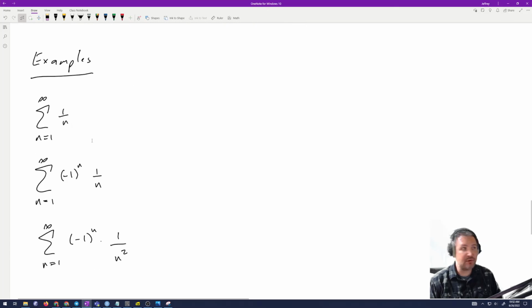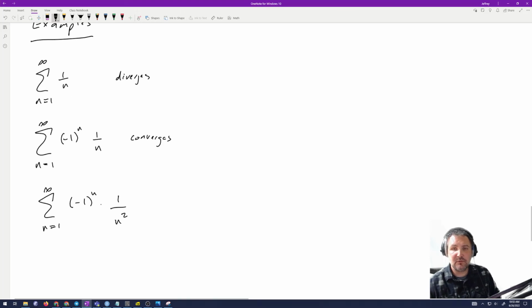So let's look at some important examples here. This is the harmonic series. This famously diverges. Okay, well, what about (-1)^n times 1 over n? Well, we saw before that this converges. Okay, well, what about this one down here in the bottom?